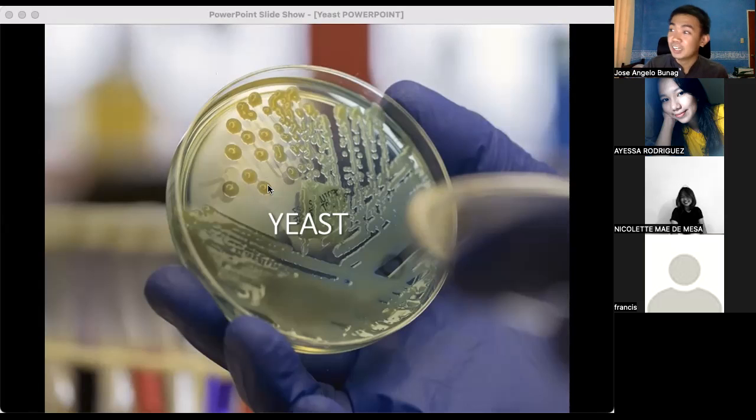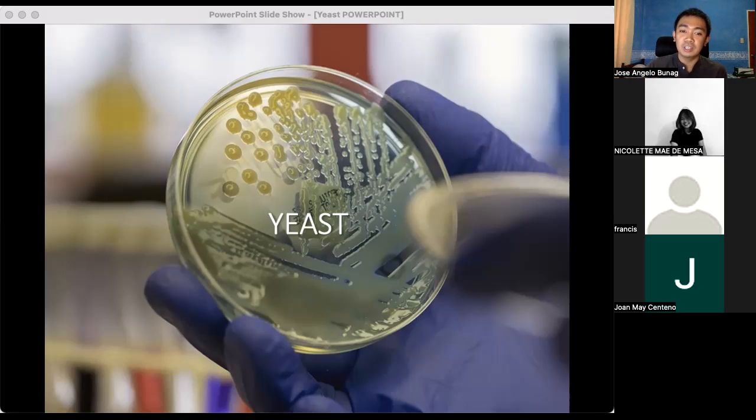As you could see here, sa figure natin, parang yung kanilang growth ay bacterial colony. And they do not have aerial hyphae. Yung aerial hyphae po kasi, this is a structure of your fungi wherein the aerial hyphae extends to the surface, and usually this supports the reproductive structure of your fungi. Pero ang mga yeast po natin, wala po silang aerial hyphae compared to your molds.